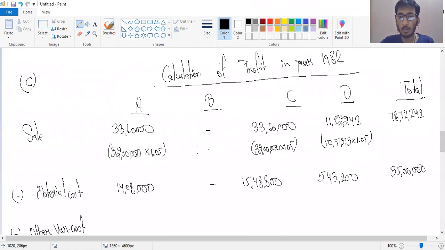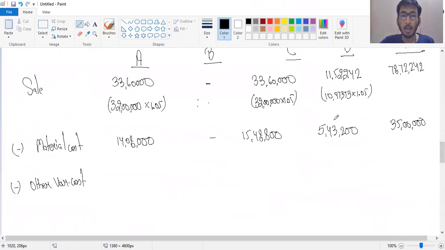Since in last year as well the sale was 32 lakh, so it would be same. So before inflation, let's calculate before inflation sale price, and as per that we'll calculate the other variable cost. So last year it was 12.8 for 32, and this year as well it is 32.